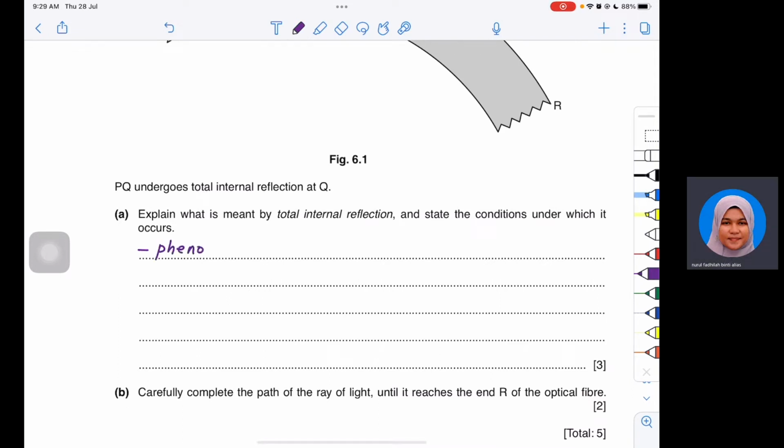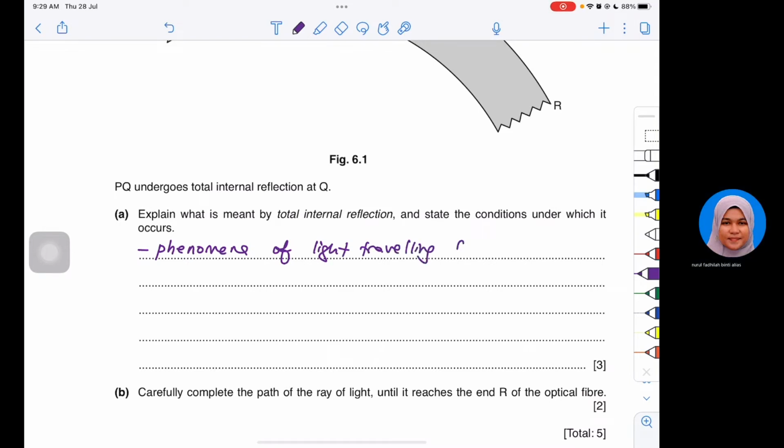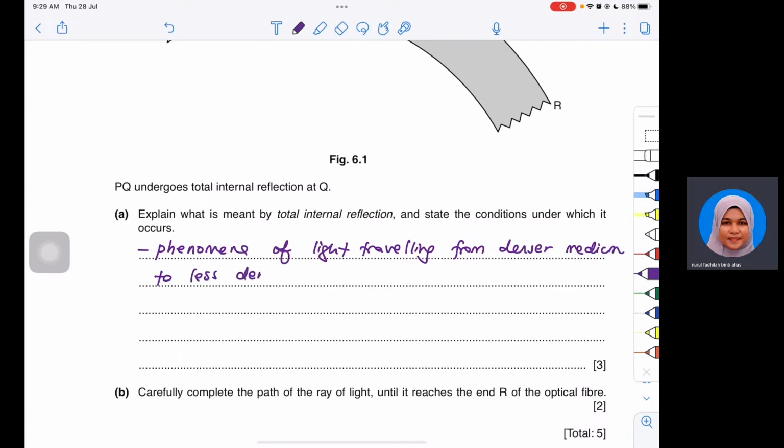Yes, the phenomenon of light travelling from a denser medium to a less dense medium. Okay, and then the second point. The incident angle is greater than the, very good, critical angle.